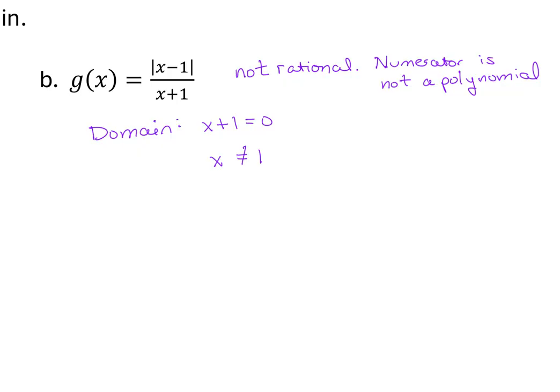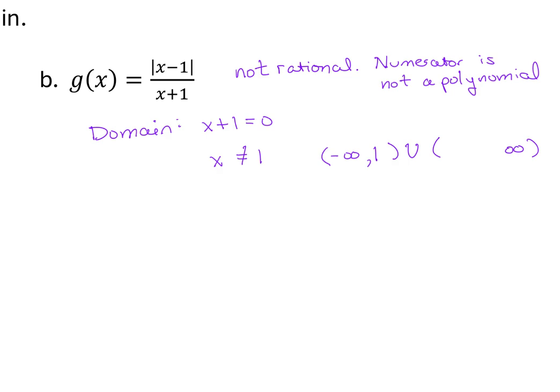All right, in interval notation, again, we're going to do the same thing. We're going to start with our regular domain of negative infinity to infinity. We're going to go up to 1. We cannot equal it, so we're going to put a parenthesis.